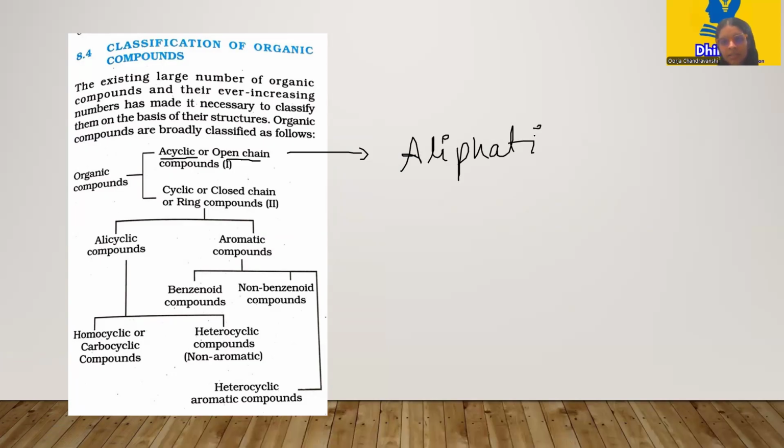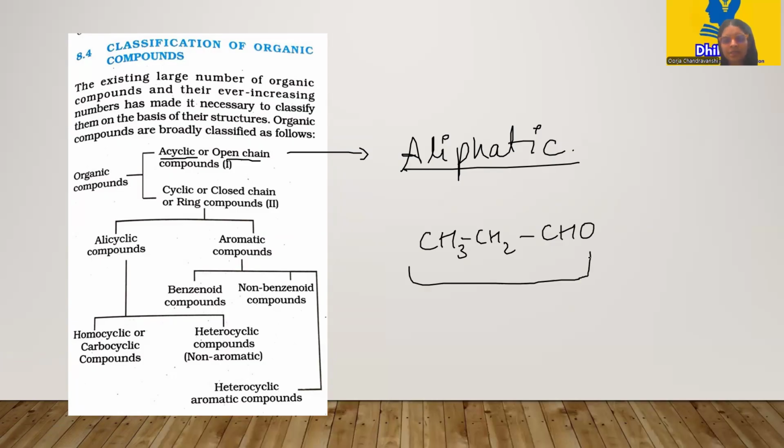These are primarily the straight chains that we see. For example, you can have CH3, CH2, CHO. This, if some of you may already know, is known as propanol. These are nothing but straight chain organic compounds.